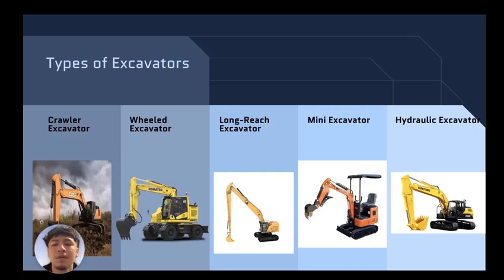This one is used in areas where we can't use the big excavator, like residential homes or a backyard, for plumbing, little small things, or little yard work. And we got hydraulic excavators. This one moves up and down. It still has an arm, and it's kind of similar to the crawler. It could go in dirt.